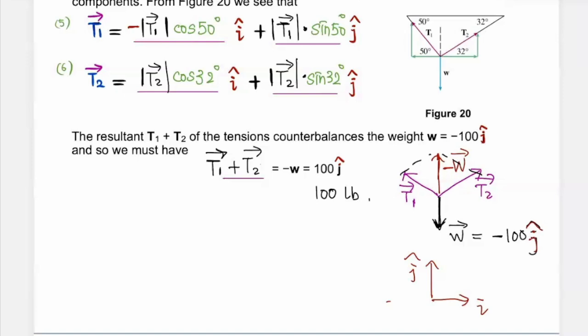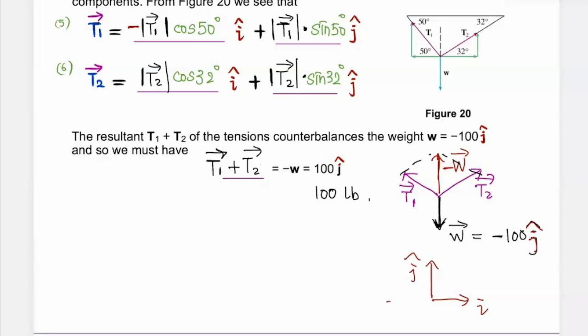Aha moment. So the vertical axis is for the weight, and the ones that go off the side are the tensions. Is W minus 100J because it's going down? Yes, going up is positive because it's on top.